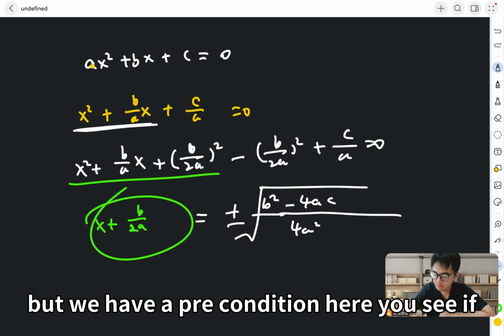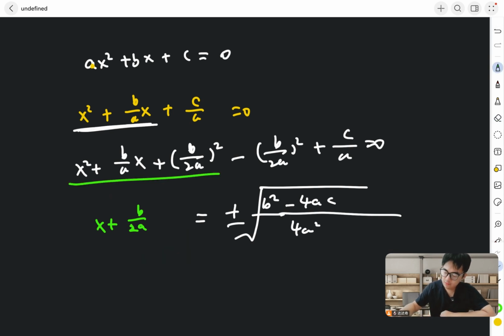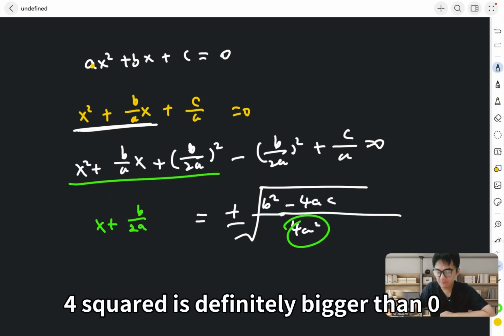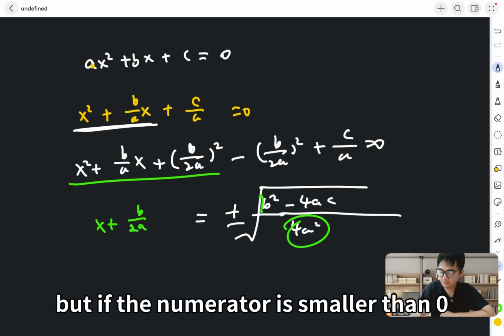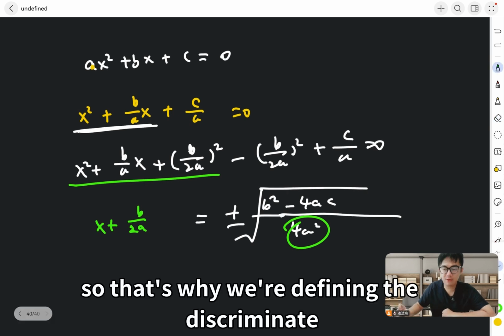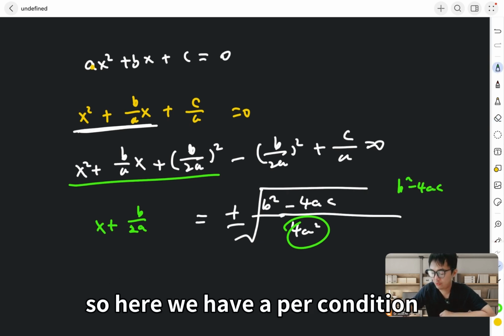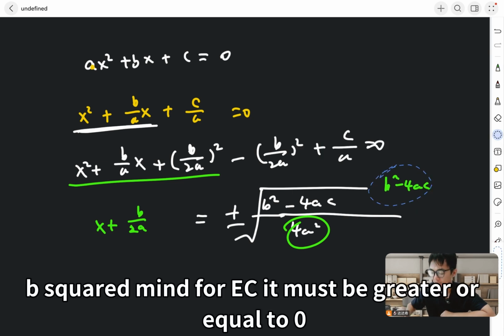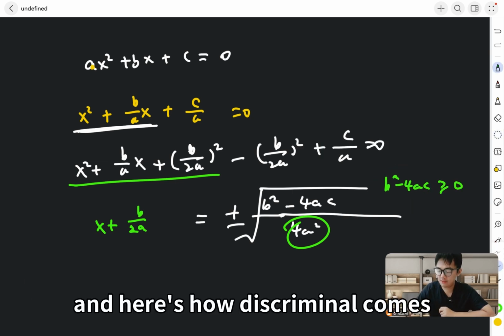You see, 4a squared is definitely bigger than 0, but if the numerator is smaller than 0, we cannot cancel that power. So that's why we're defining the discriminant. So here we have a precondition: b squared minus 4ac must be greater than or equal to 0. And here's how the discriminant comes in.